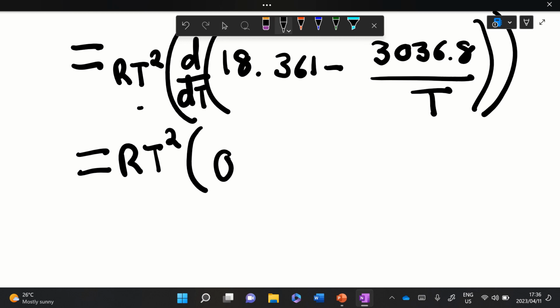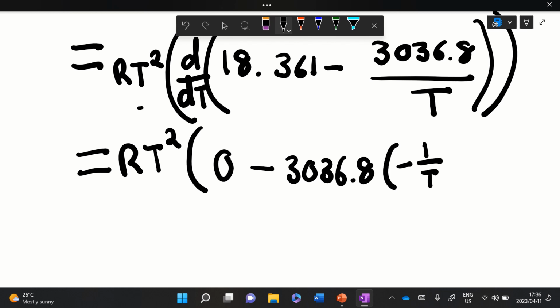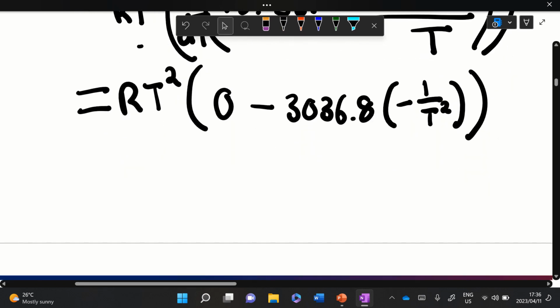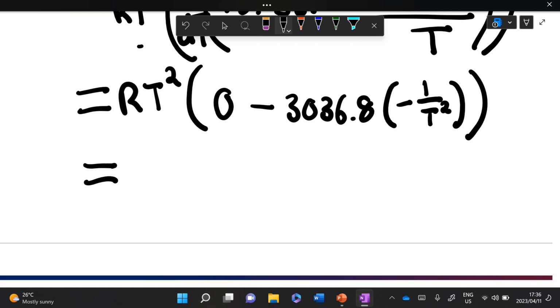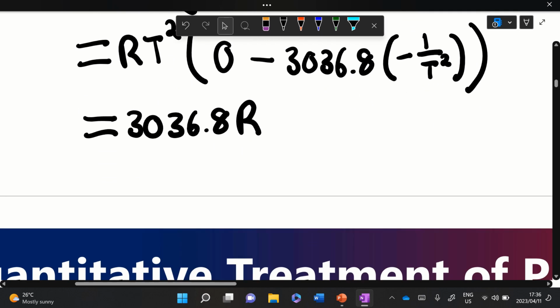And then we have minus 3036.8, and the differential of 1 over T becomes minus 1 over T squared. So that first part is just 0, the T squareds cancel, the minuses cancel, and we're just left with 3036.8 R, which is quite easy to calculate.